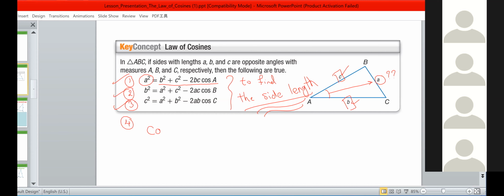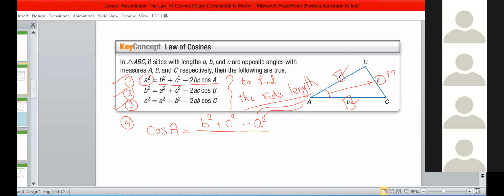Cosine A is equal to. I write the first one and one of you will complete the second and then the third. Cosine A, make a fraction mark, and then we will get here the other 2 sides. Here, for A, the other 2 sides will be B squared plus C squared minus the letter with the cosine, which is A squared.